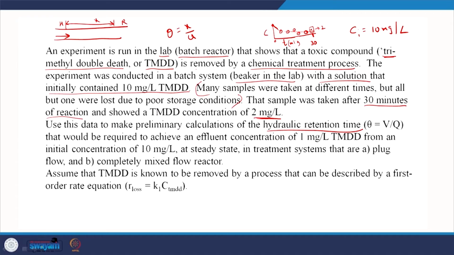X by u will give you the time that your compound will spend within the river between Haridwar and Roorkee.